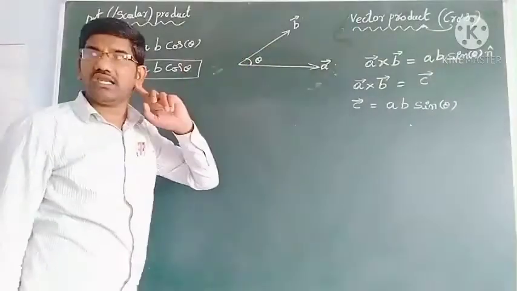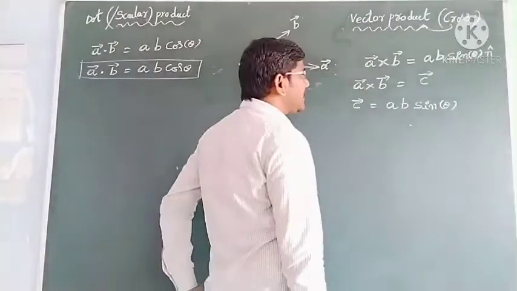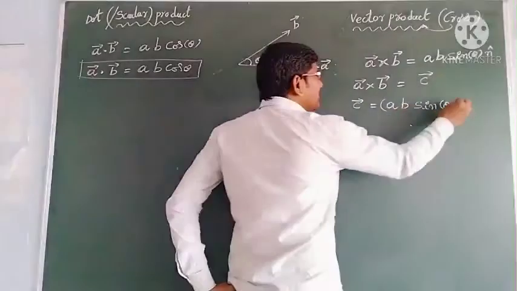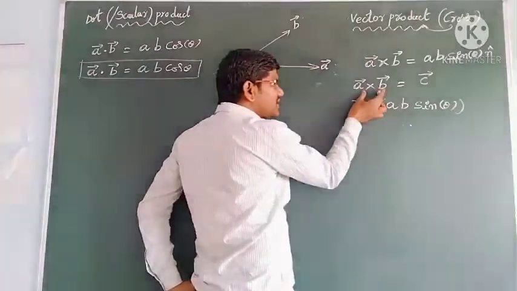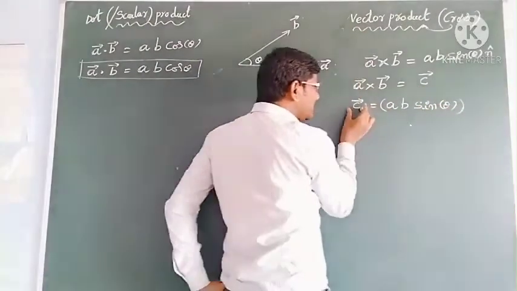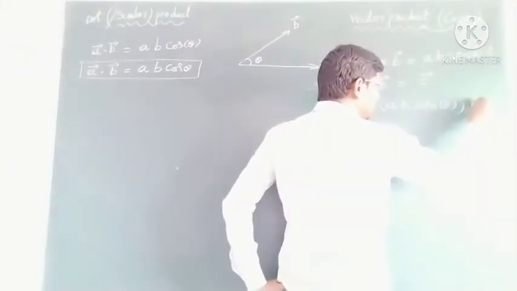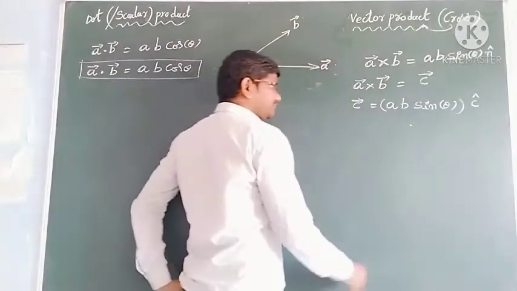That is AB sin theta, and the result is a vector c bar. It will have a particular direction, in the direction of c bar, so you can write c cap.